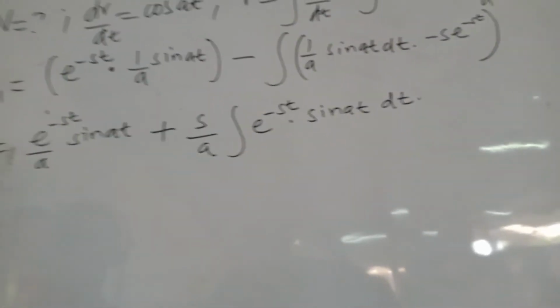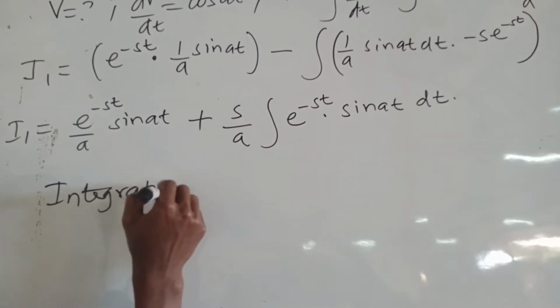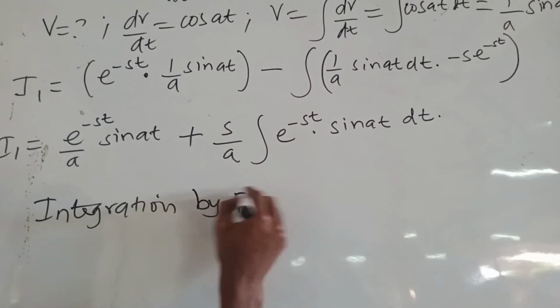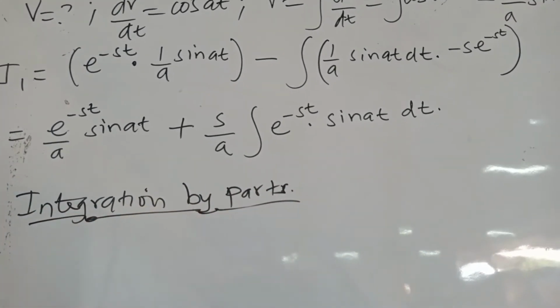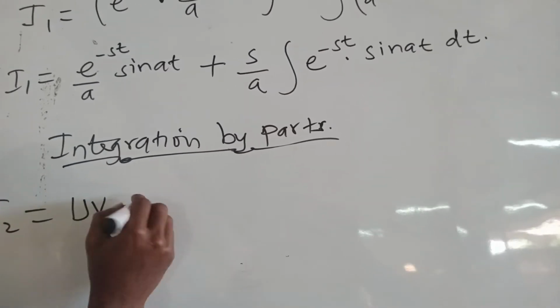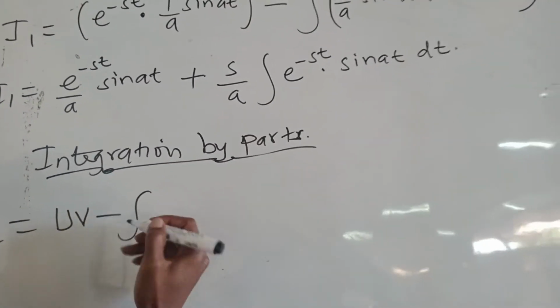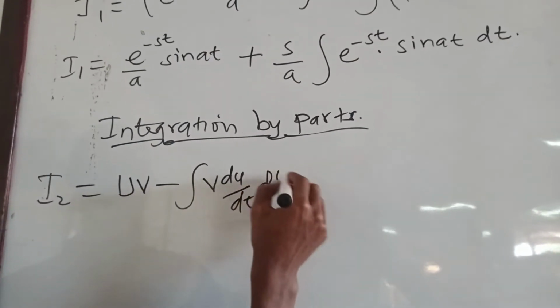Now we go to integration by parts, where I was saying now we are going to I2. So I2 is equal to uv minus the integral of v du over dt dt.